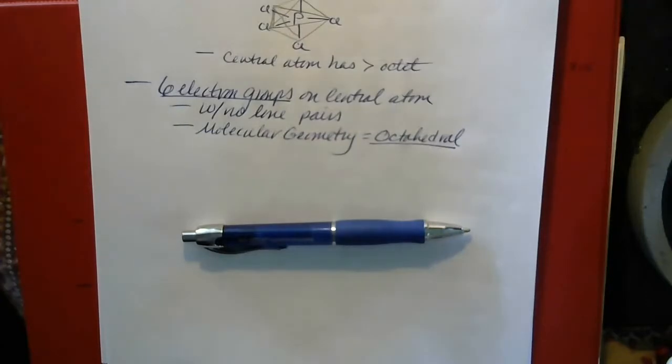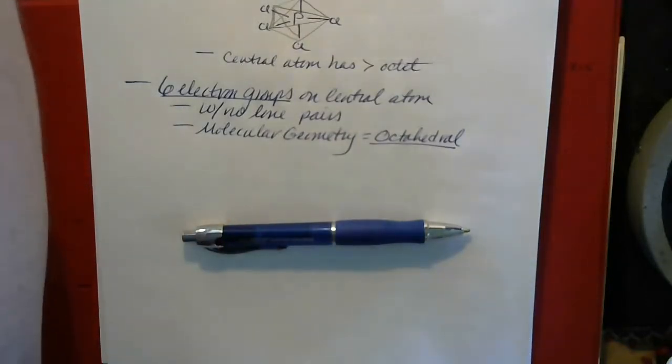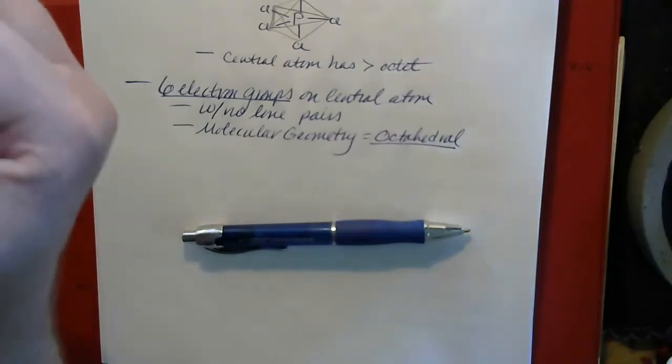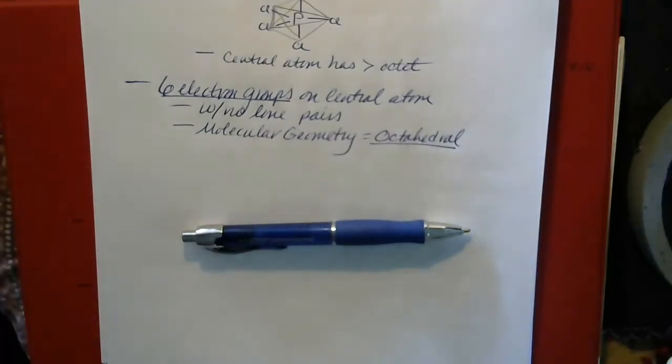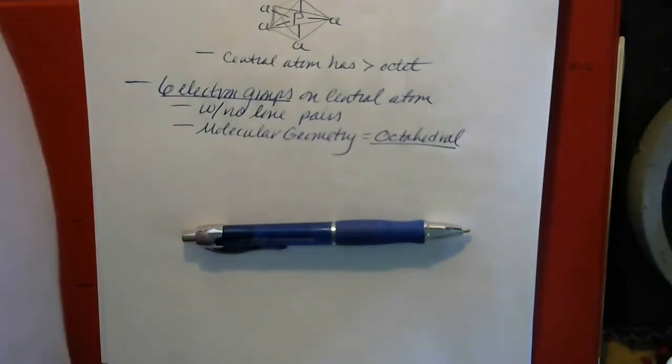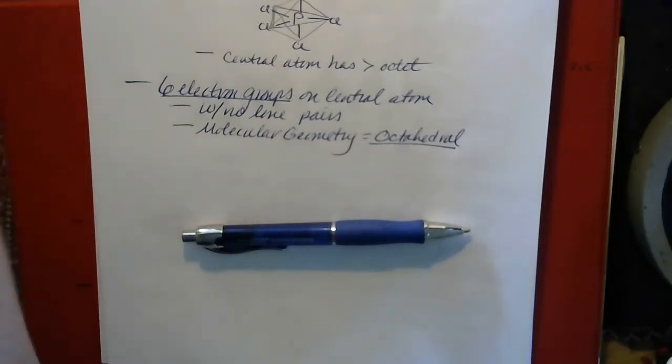And it might not make sense that it would be called octahedral, because when you have 6 pairs of electrons on the central atom, you wouldn't think it would be called octahedral, since octa means 8.